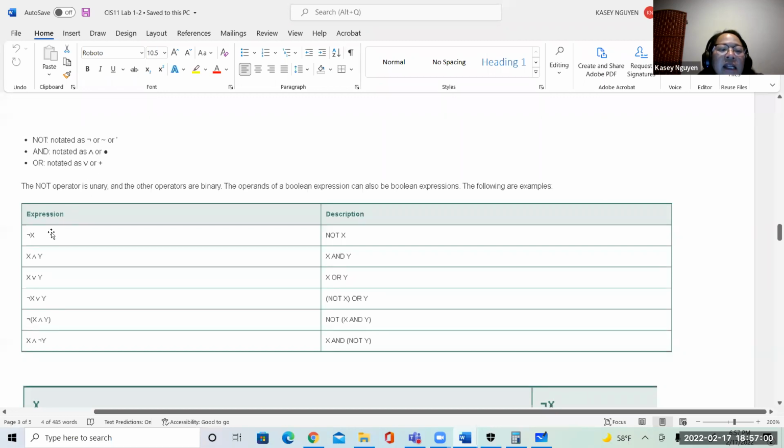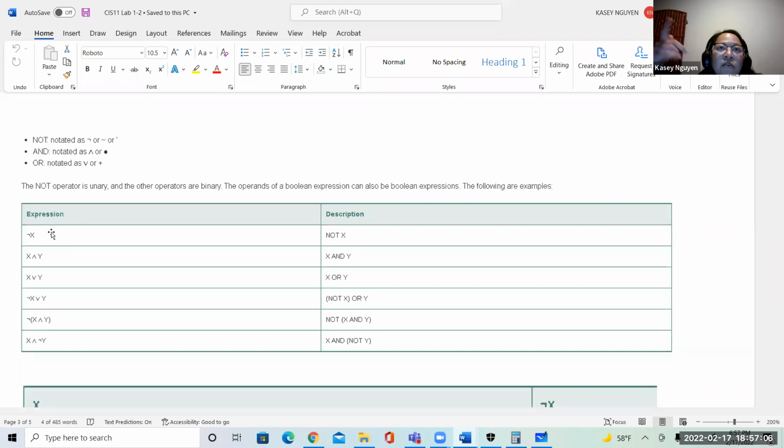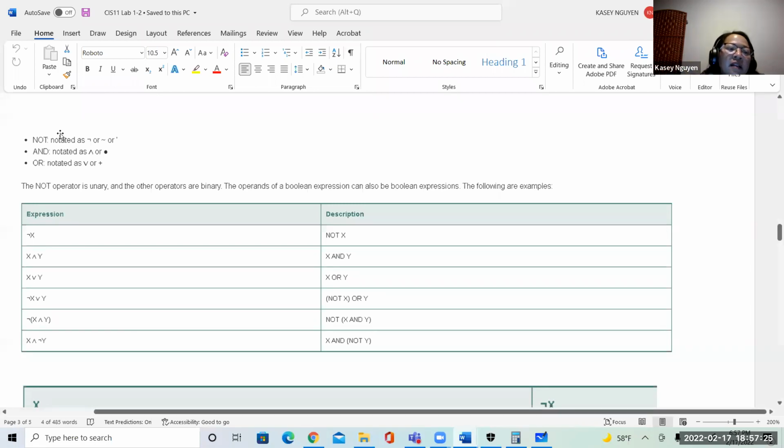So when we see not X, basically, when it stores that value, it simply flips the bits for that value, okay? Now, flipping the bits doesn't account for the sign bit, so when it becomes a negative value, then we have to add the 1 because it has to be 2's complement. So when you operate the not operator, it simply flips or reverses the bits.